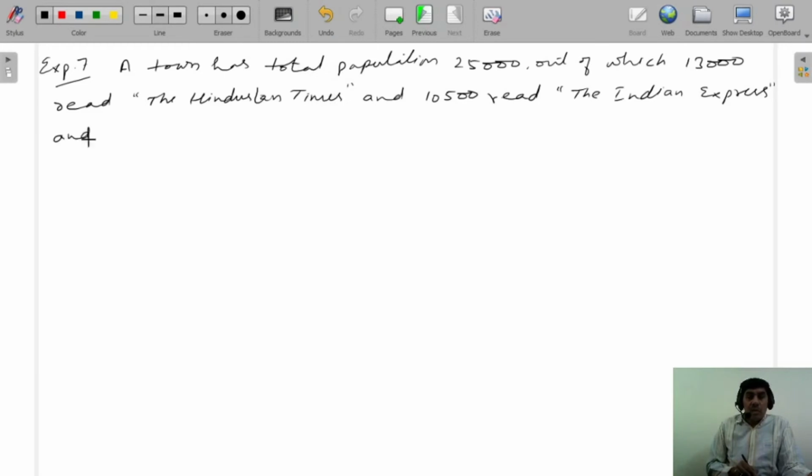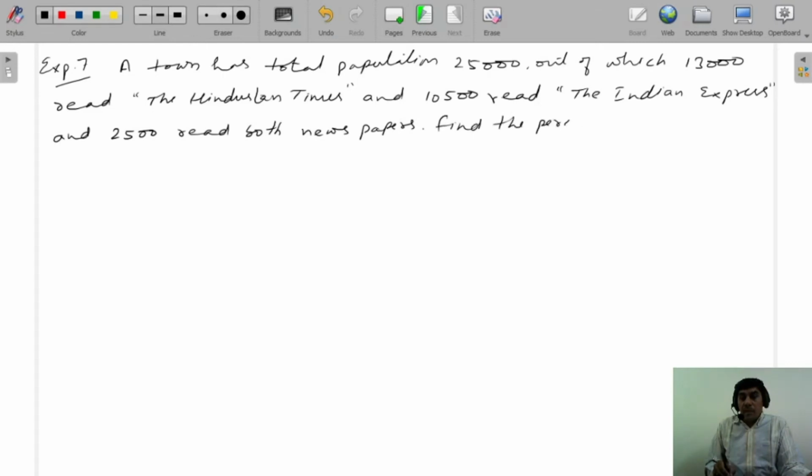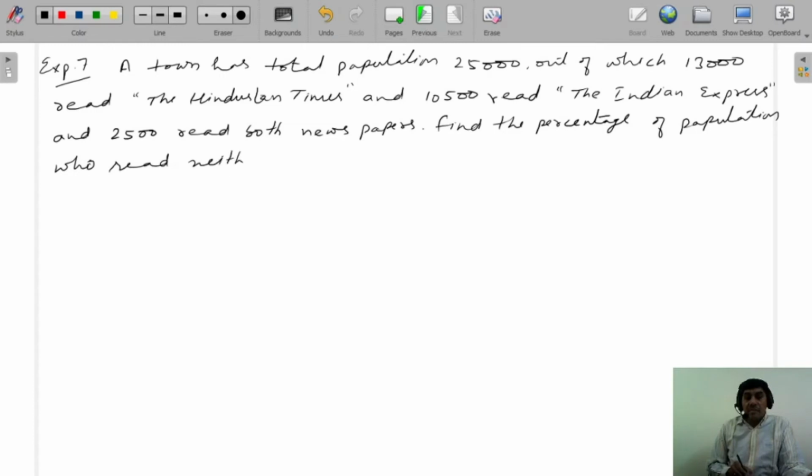And 2,500 read both newspapers. Find the percentage of population who read neither the Hindustan Times nor the Indian Express.